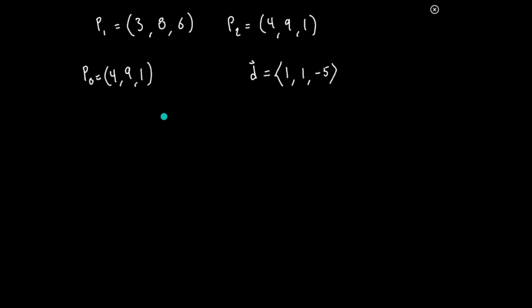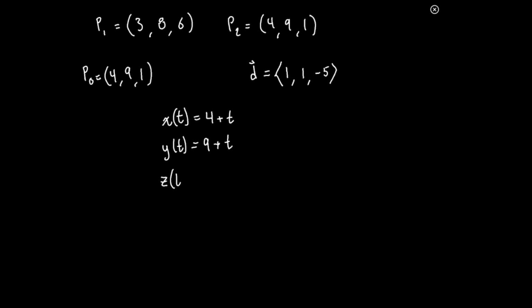Why not? So x of t equals 4 plus 1 times t, so 4 plus t. Y of t equals 9 plus 1 times t, so 9 plus t.